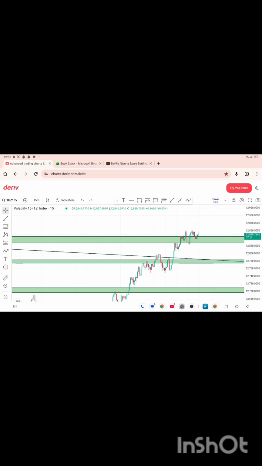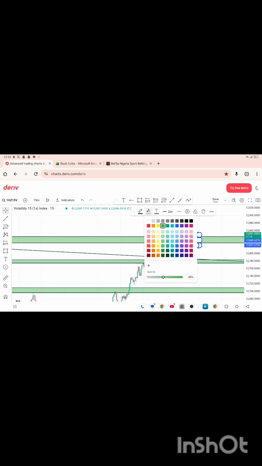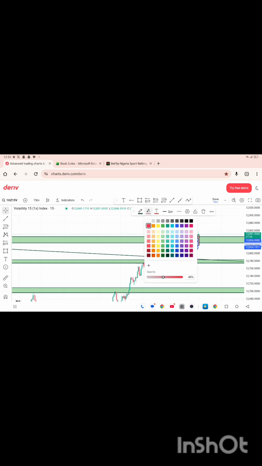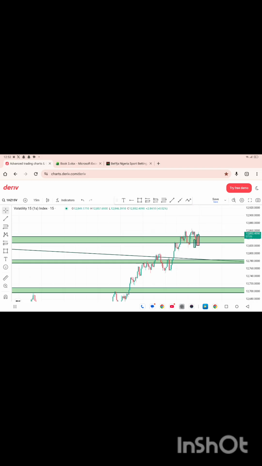Or you can decide that you want to use the bearish engulfing as your entry pattern. Sorry if I'm drawing it wrongly, but I hope you understand the message I'm trying to pass here.